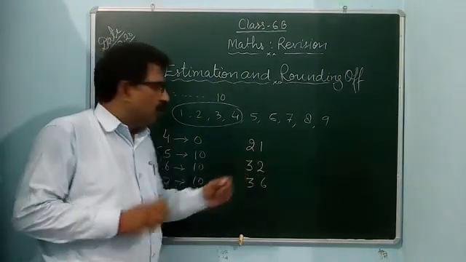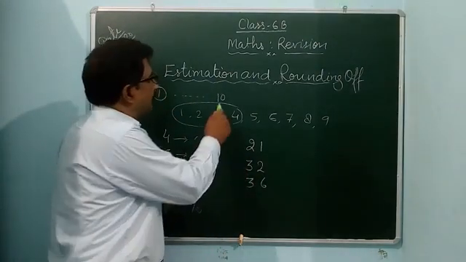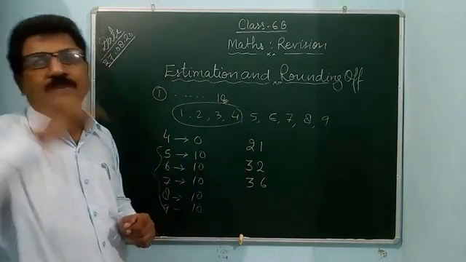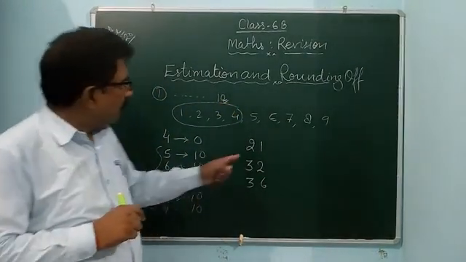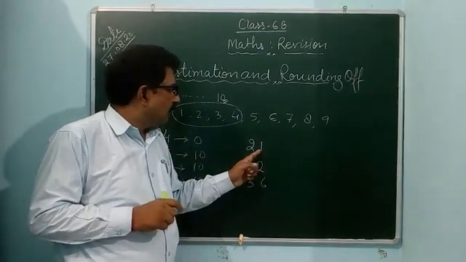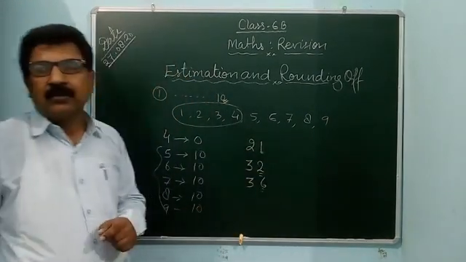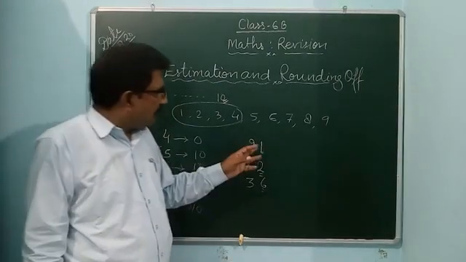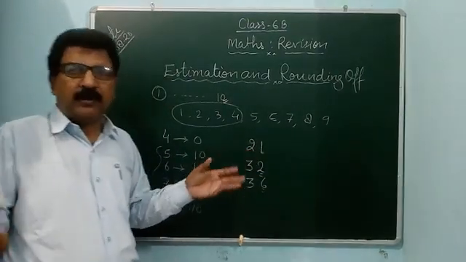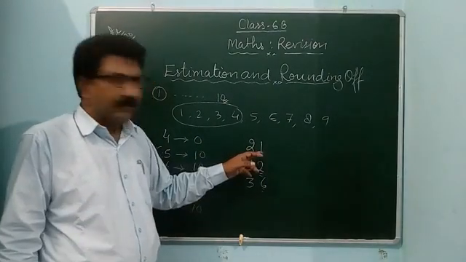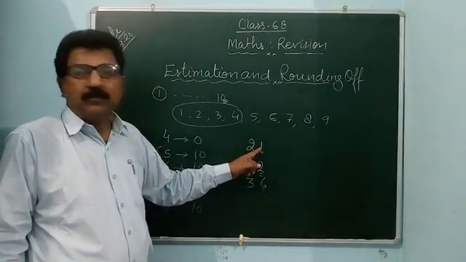Take 21. You take only one digit, the last digit, the ones place. Only the ones place number decides the estimation. The ones place number is 1.